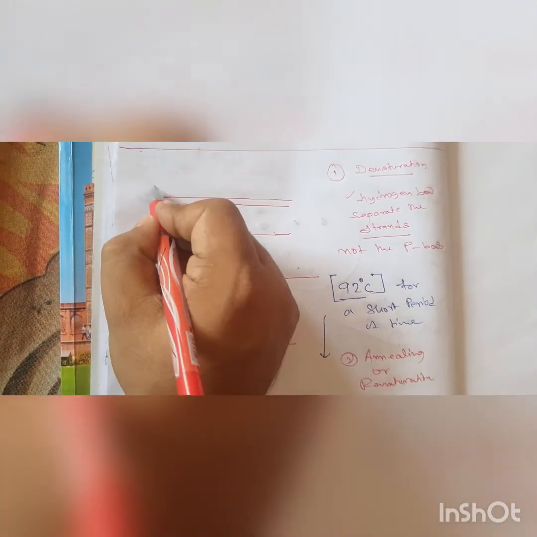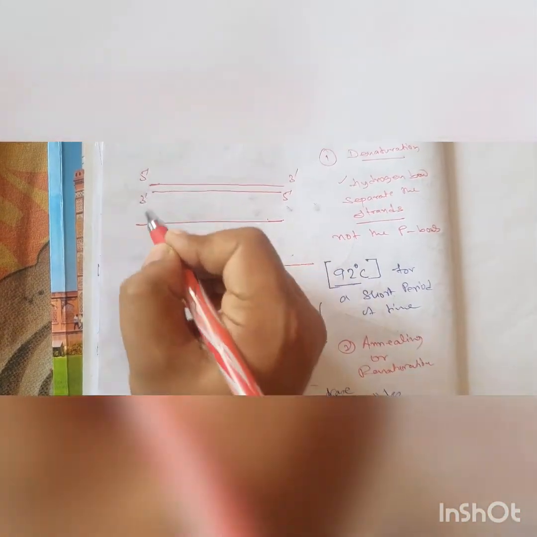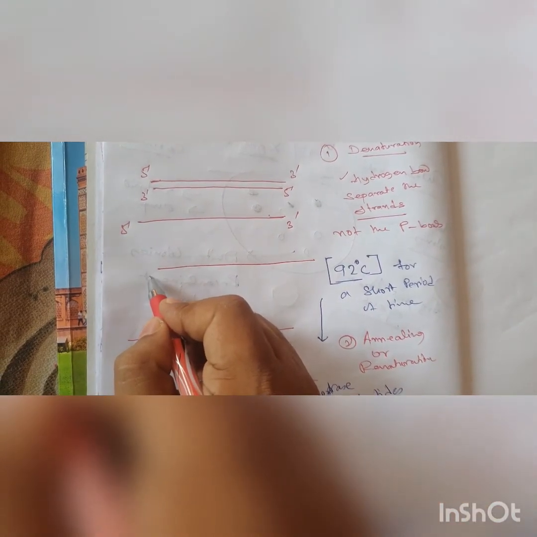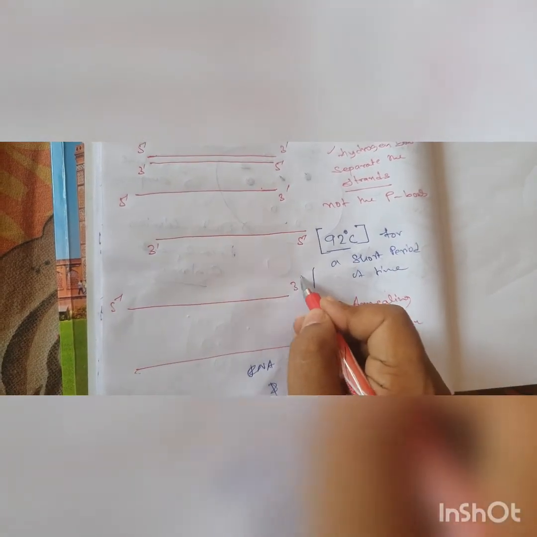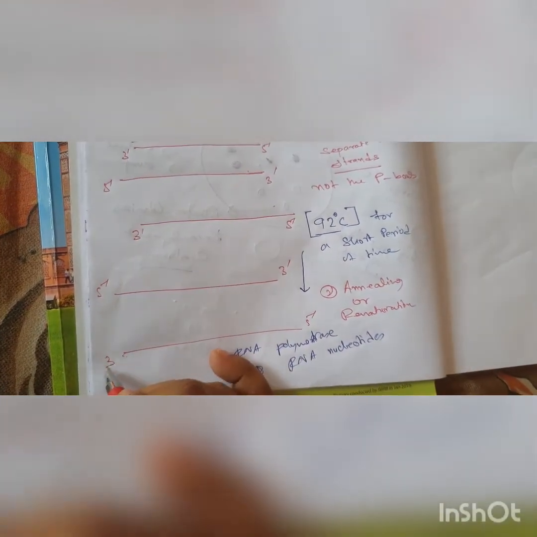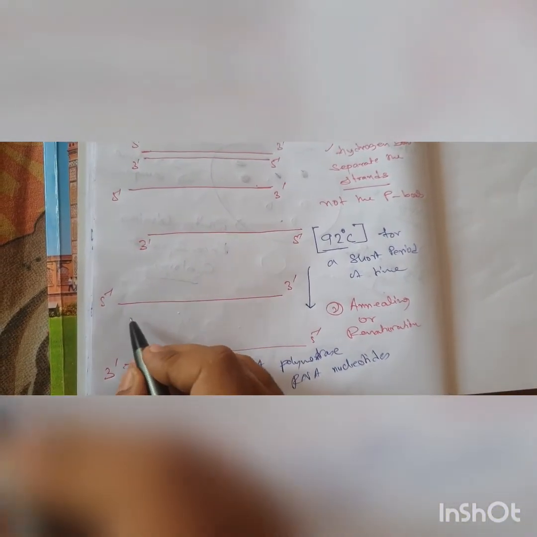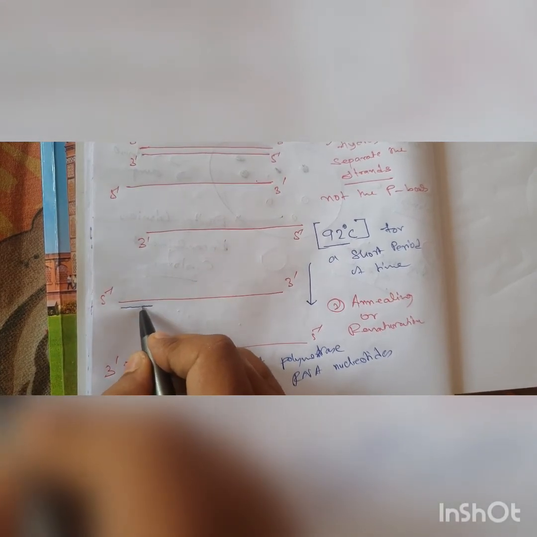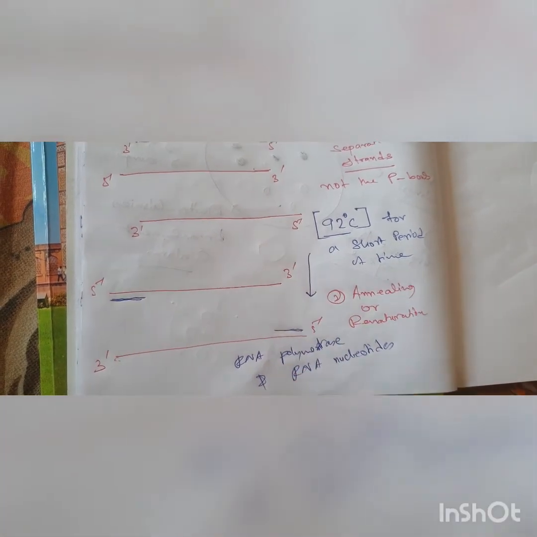So that what happened, now if this is 5 prime to 3 prime, this will be 5 prime to 3 prime, and this will be 3 prime to 5 prime. Now DNA synthesis is always from 5 prime to 3 prime. So you will add RNA primer here, and you will add RNA primer here.